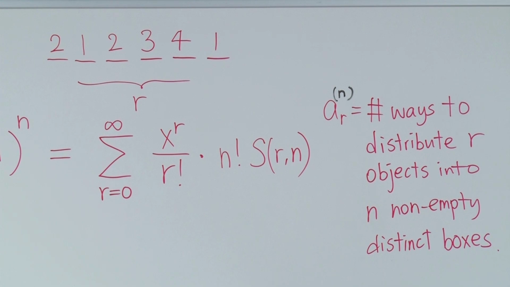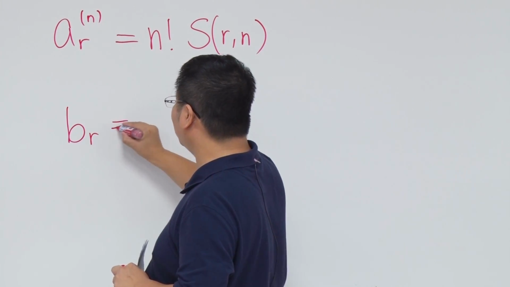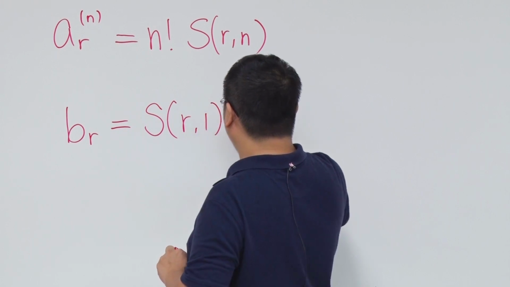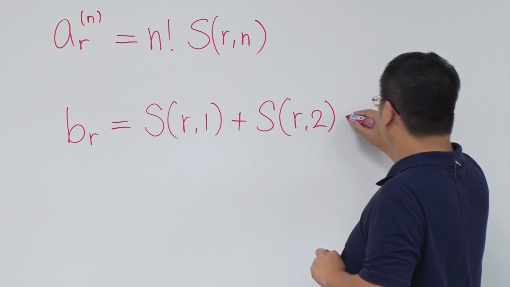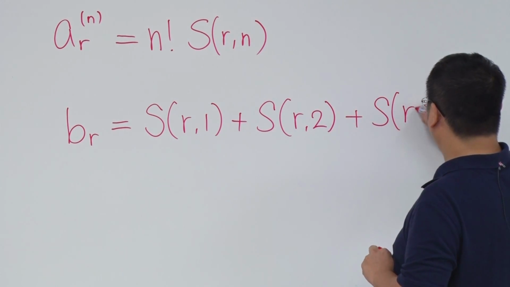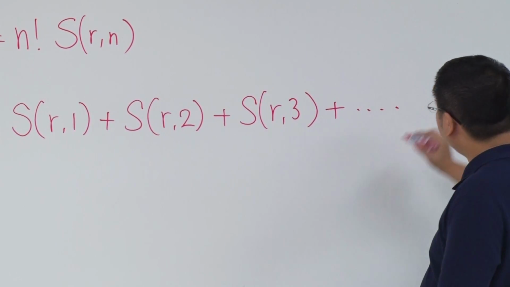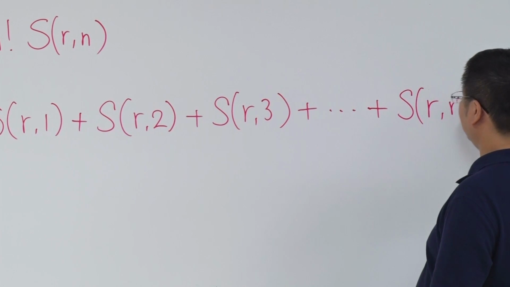But now, what we are interested in is the Bell number. If you look at BR, BR is equal to what? BR is equal to SR1 plus SR2 plus SR3 plus ... right? Up to SRR, right?